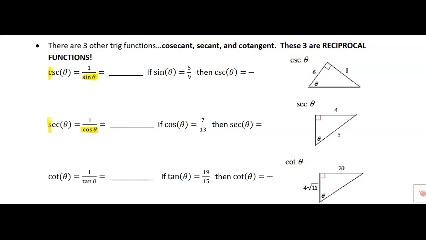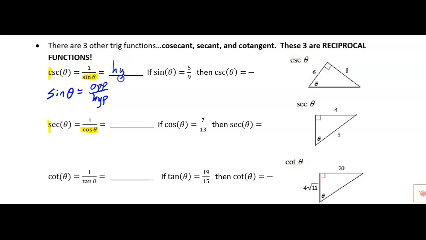Okay, all right, so they are defined as reciprocal functions. So this is essentially 1 over sine, which is saying flip it upside down. Okay, so if sine of my angle was opposite over hypotenuse, then if I flip that upside down, what is my cosecant?